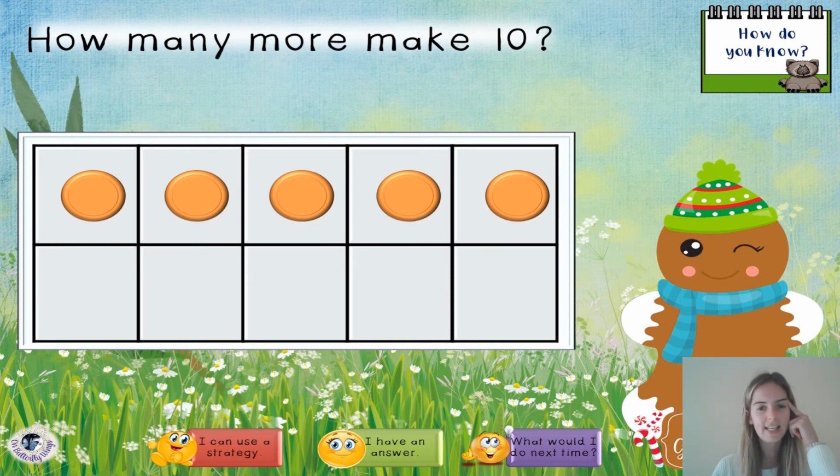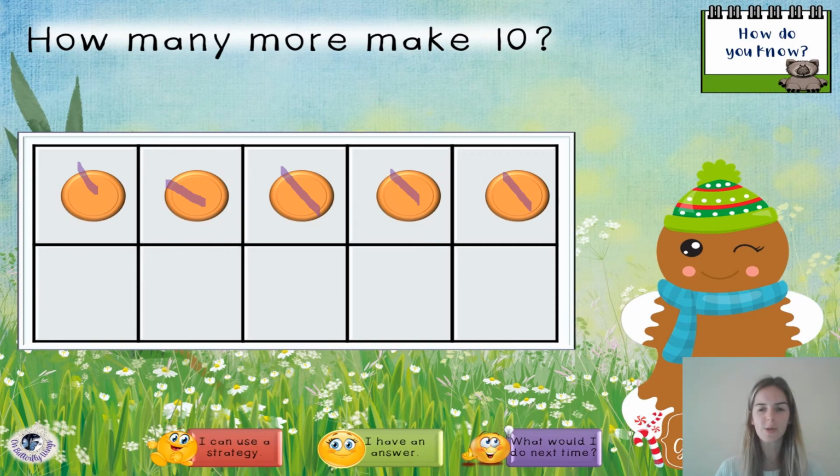I can see that there are 5 there. We're starting with 5. I'm just going to double check that because it's always good to double check. 1, 2, 3, 4, 5. I've got 5. And I know that 5 and 5 equals 10.